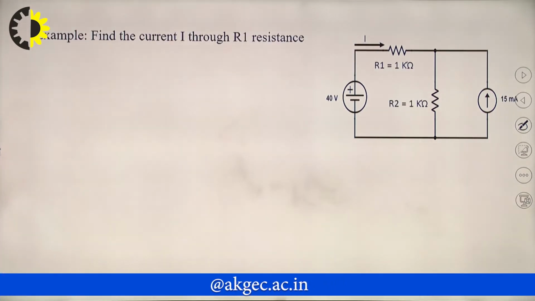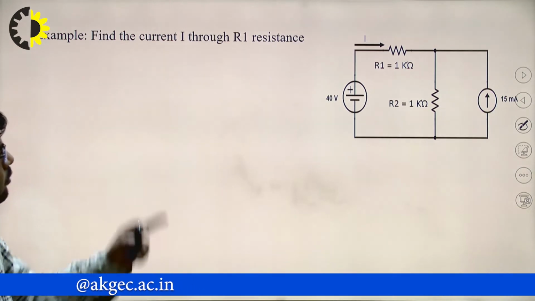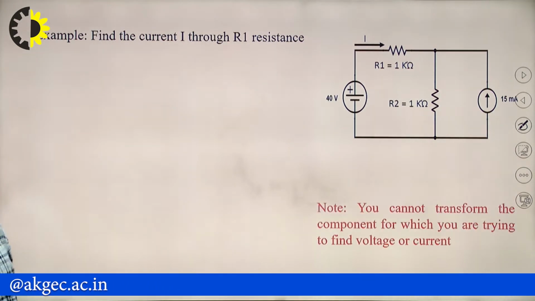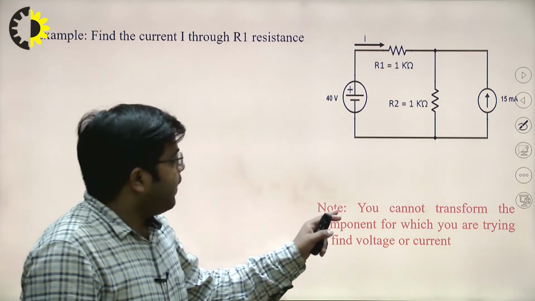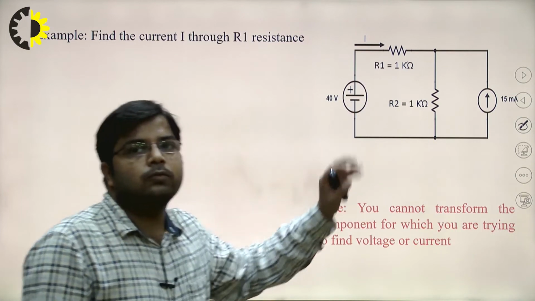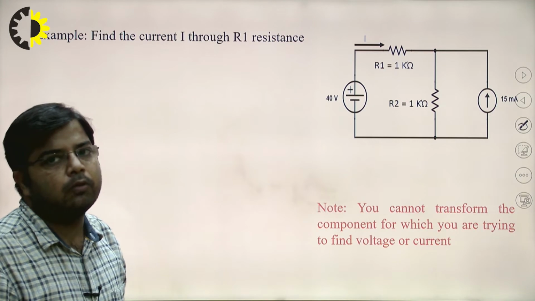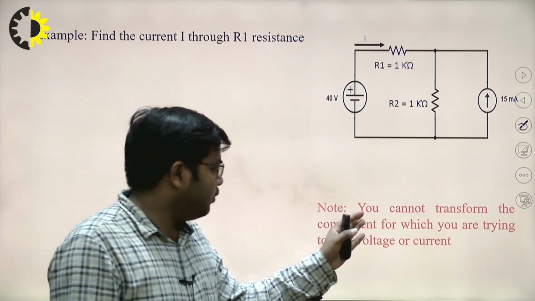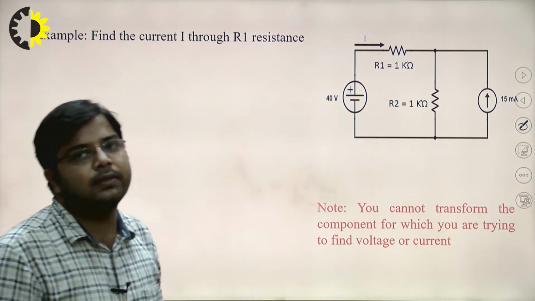So this way you can find out this current value by using the source transformation method. Let's see another example. So in this problem you have to find out the current I through 1 kilo ohm resistance, but I have already told you that you cannot transfer the source through which you are calculating the current or voltage. So note, you cannot transfer the component for which you are trying to find out the voltage and current.